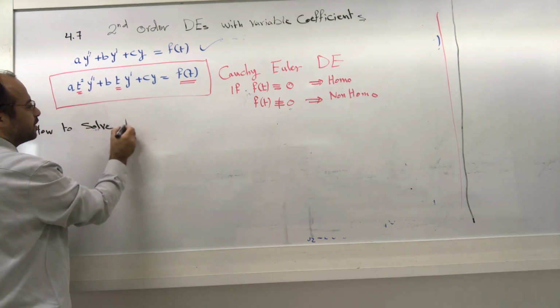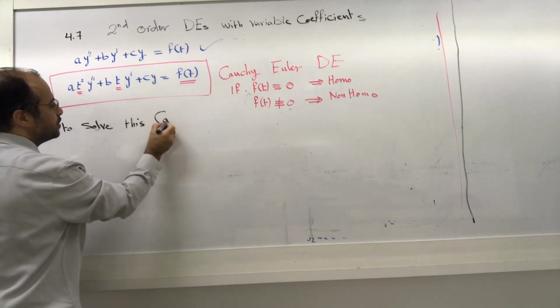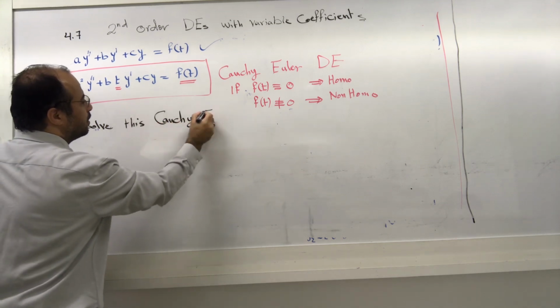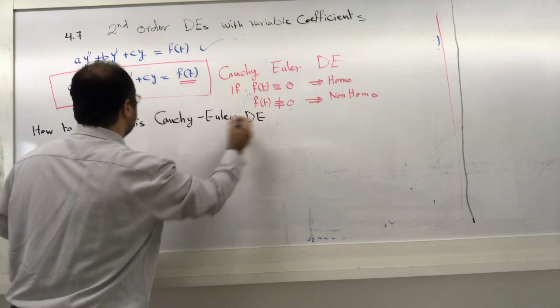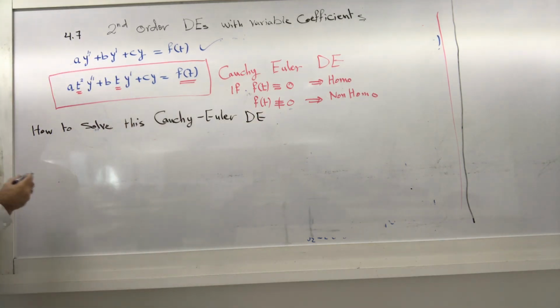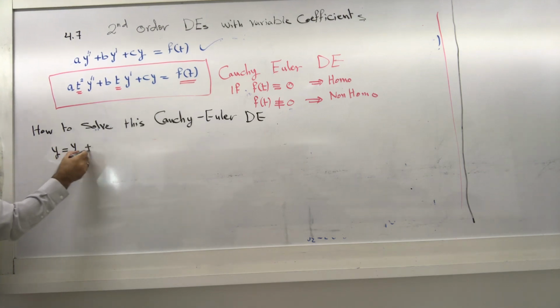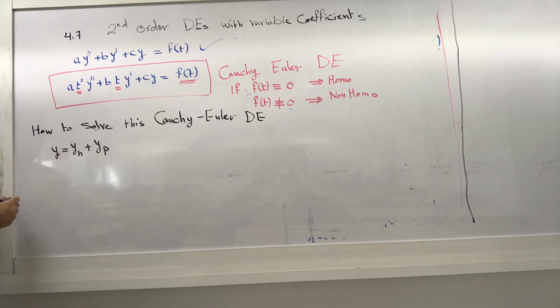Here is the way. It is always the same way. You have y = y homogeneous + y particular. Now, how to calculate y homogeneous? Let me show you.